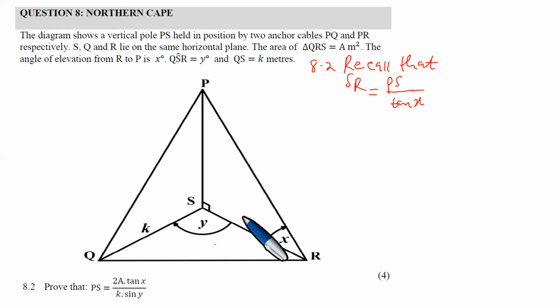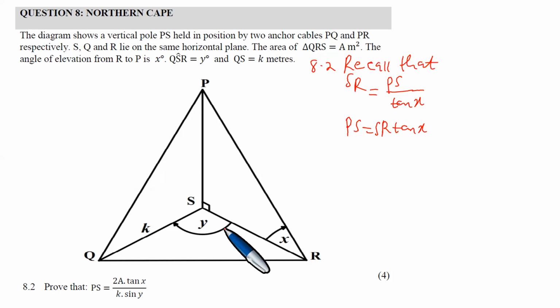So we have these. But now they said, okay, now you must make PS the subject out of these. Which means that we have PS is equal to SR times the tangent of the angle X. What is SR? SR now is this one here and can be found with ease.